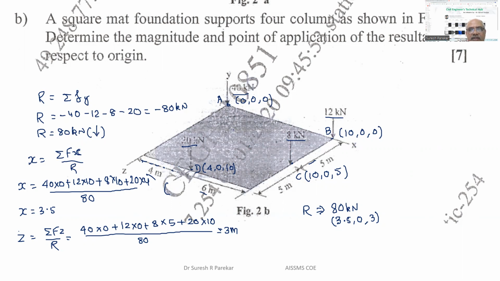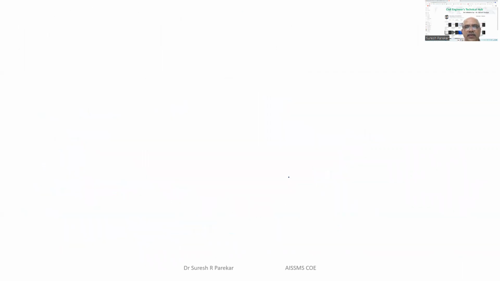So it may be somewhere here. So we can plot it roughly, 80 kilonewton, and coordinates we have 3.5, 0, and 3. So likewise, we have to solve these problems of parallel forces in space. So now we will stop here only.